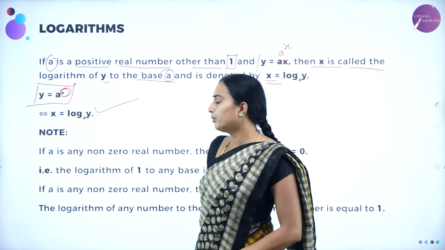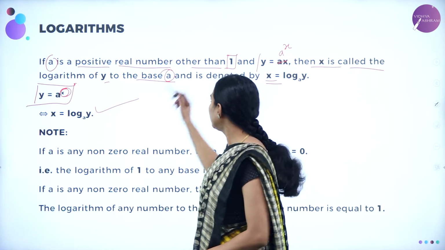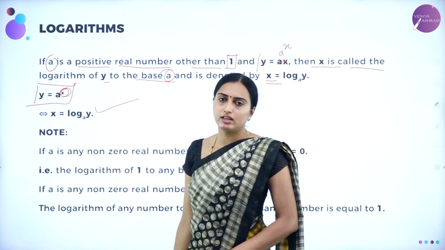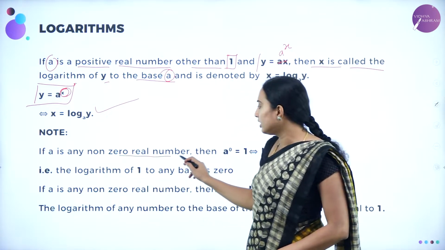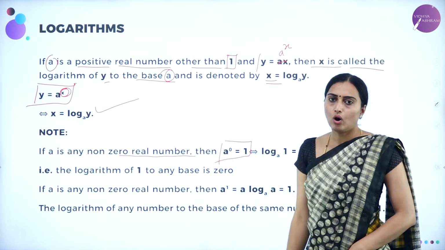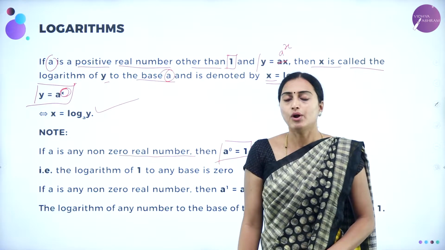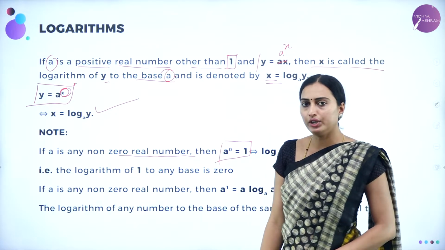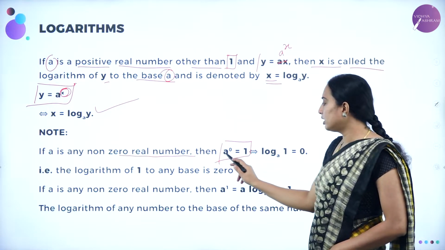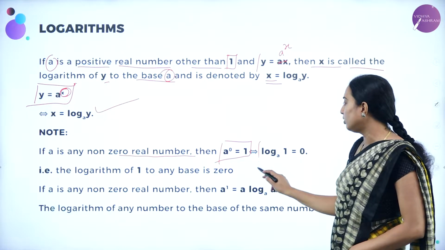Then how do we write it if a is a power 0? That's why other than 1. Why other than 1? Let me give the answer here. If a is any non-zero real number, then a power 0 is equal to 1. Anything power 0 is nothing but 1. Now, according to the definition, 0 can be defined as log 1 to the base a, giving the value 0.